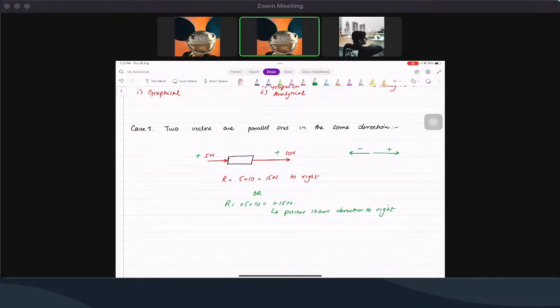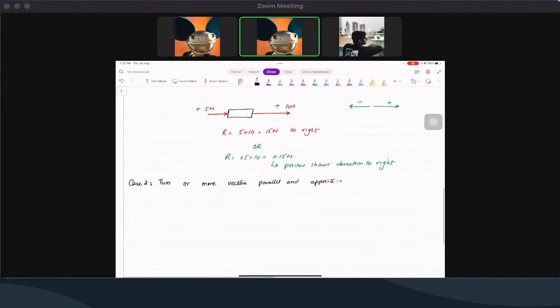Now, case 2, which is basically 2 or more vectors parallel and opposite.